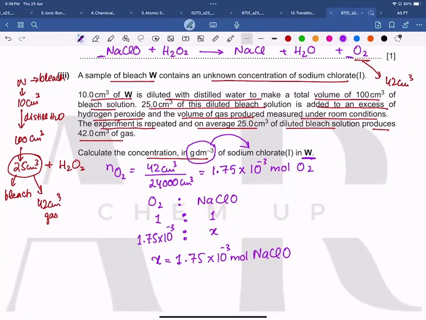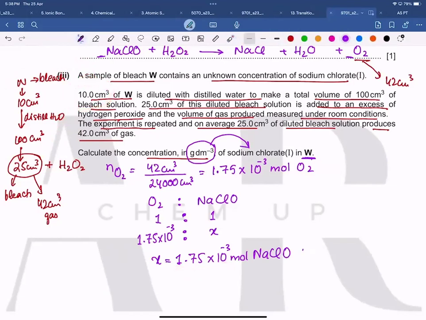This is the point where most of the students made a mistake. In which solution have we found these moles? In which volume? The 25 cm³ of diluted solution. If you didn't do this and you are not understanding the comprehension, then what students do is take this mole and this volume and then calculate the mass. So obviously you are going to get the wrong result.